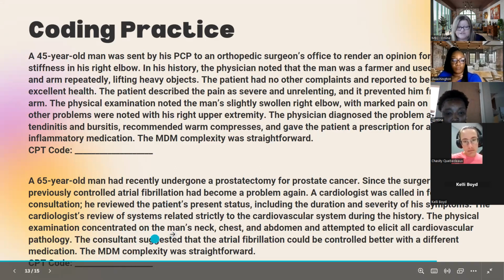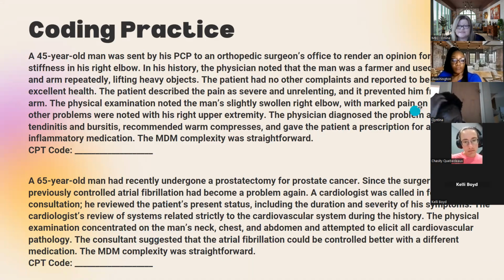The cardiologist reviewed symptoms related strictly to the cardiovascular system. During the history, the physical examination concentrated on the man's neck, chest, and abdomen and attempted to elicit all cardiovascular pathology. The consult suggested that the atrial fibrillation could be controlled better with a different medication. The MDM complexity was straightforward.